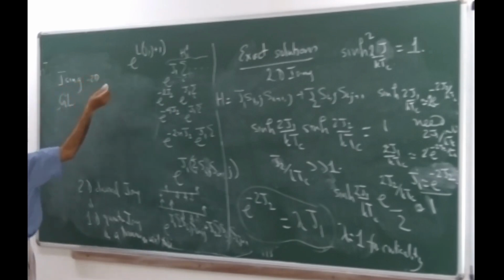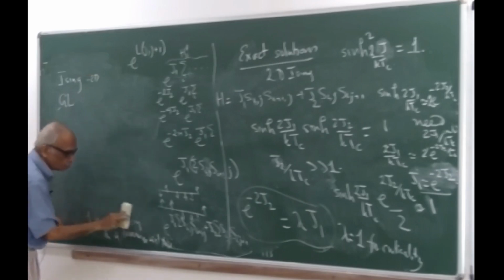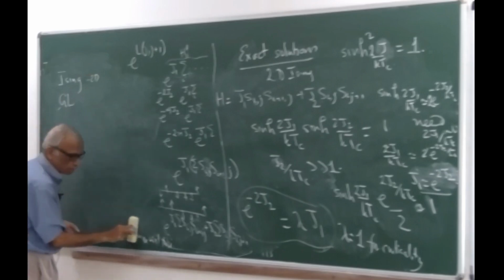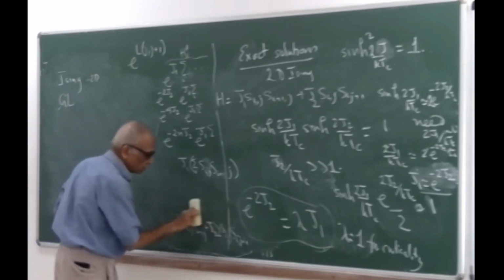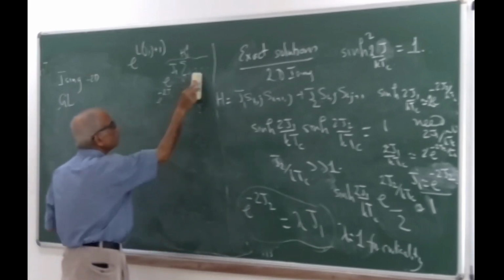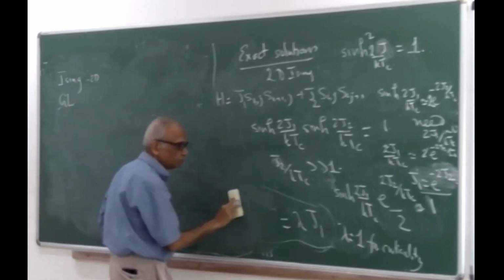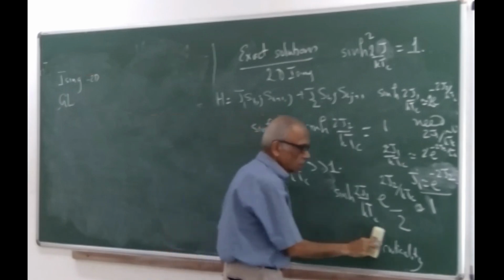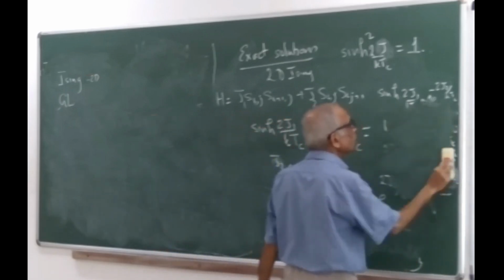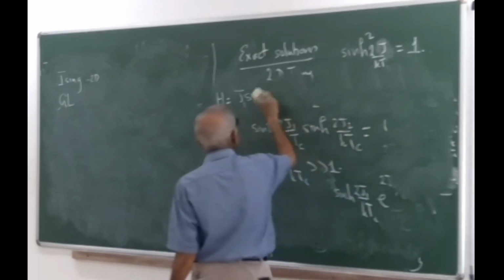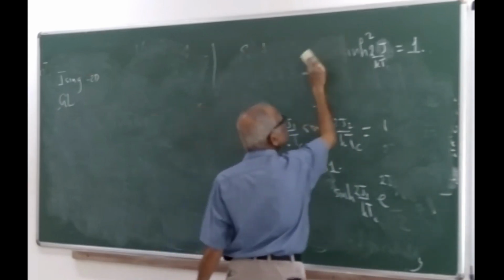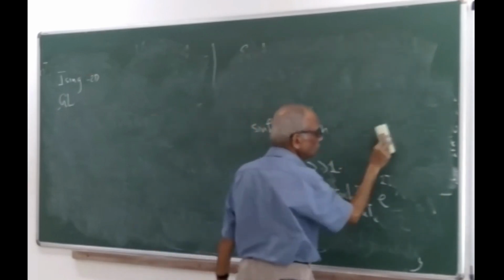Then I'll go to the 2D Ising and show you the analog of the RG which we did for 1D, and how it runs into some typical execution problems. When you are trying to do it on a lattice, execution is quite difficult. 1D seemed nice and simple, and you could get an answer, but 2D runs into trouble.